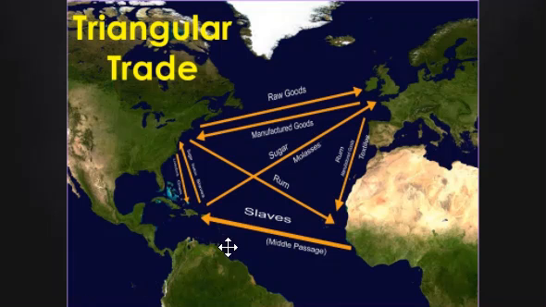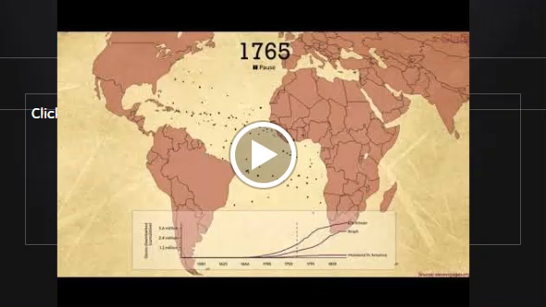Now, if you'll look right here, it says slave/Middle Passage. When we refer to the Middle Passage, we are specifically talking about the slaves being brought over from Africa to the New World, and there are a lot. This video right here is a time-lapse video of how many slave ships that we have records of are leaving Africa and going to the New World.